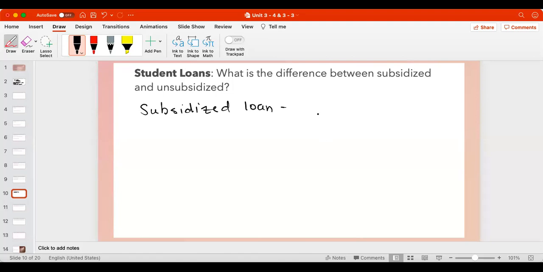So with a subsidized loan, while you're in school, you're not charged any interest on that loan.